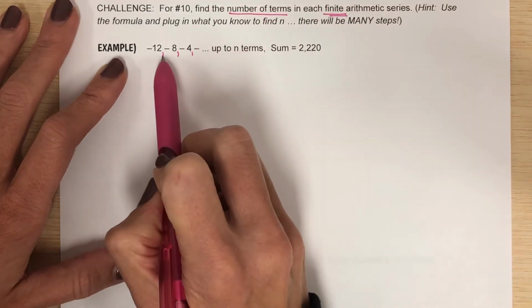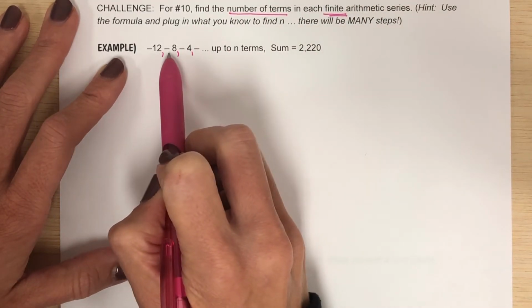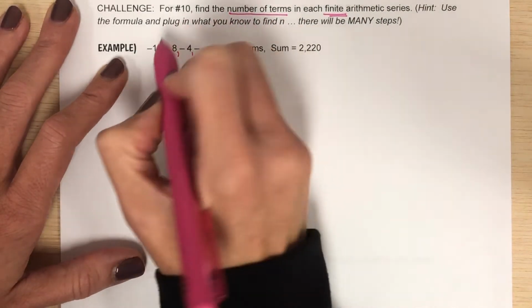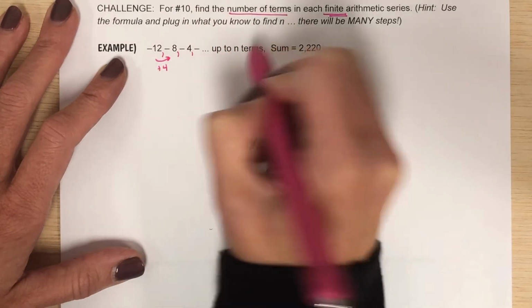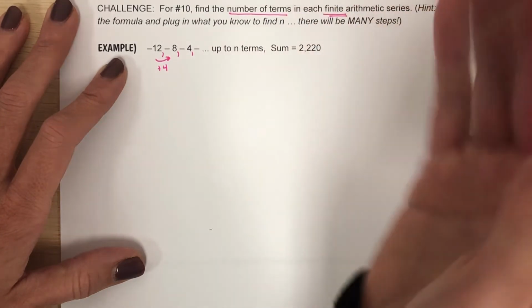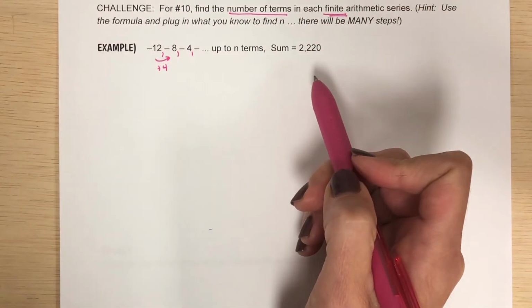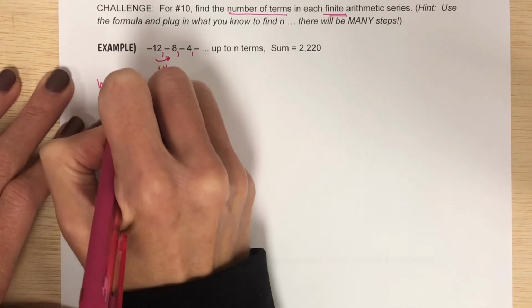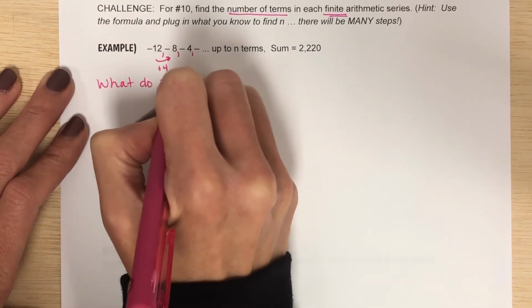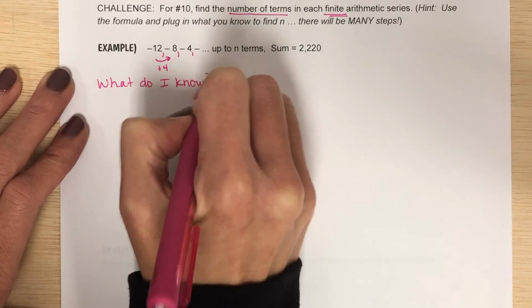2,222. At first that might not make sense because I have negatives here, but I'm increasing by 4, so I know that the rest of my terms are going to be positive up to a certain number of terms. So, well, let's say, what do I know? It's always good just to write down, what do I know?